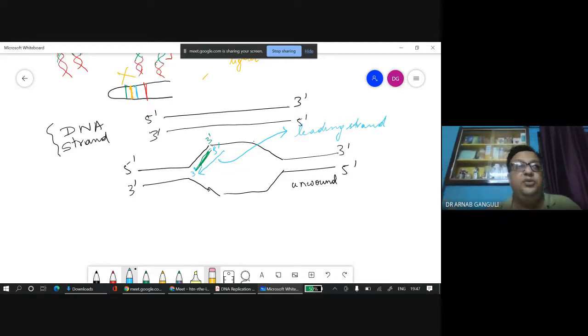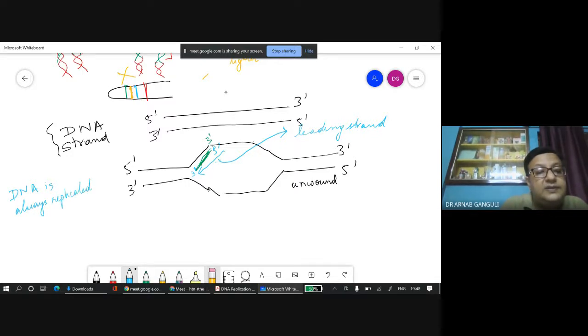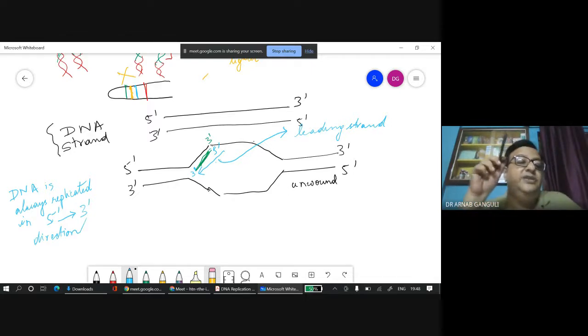One thing you have to understand, DNA is always replicated in the 5 prime to 3 prime direction.